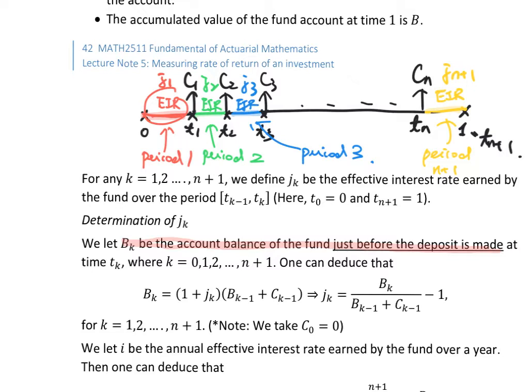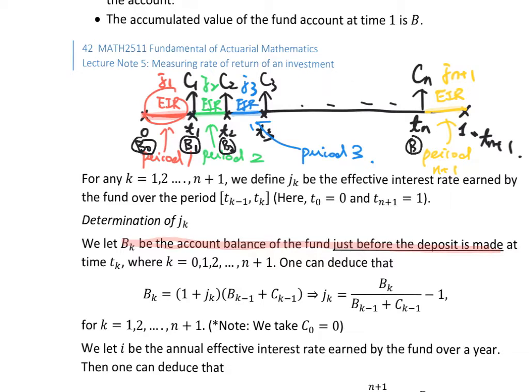That means B0 is the account balance at time 0, and B1 will be the account balance before you make the deposit C1, and B2 will be the account balance at time T2 before you make C2, and so on and so forth.